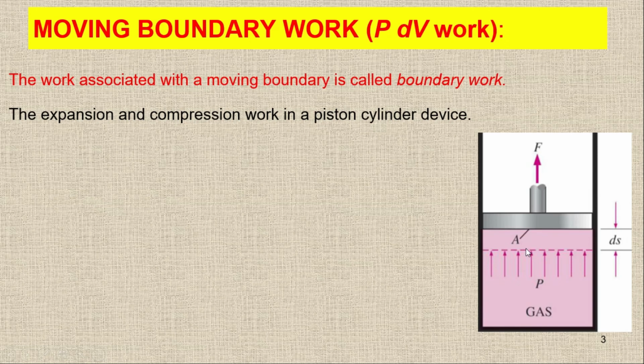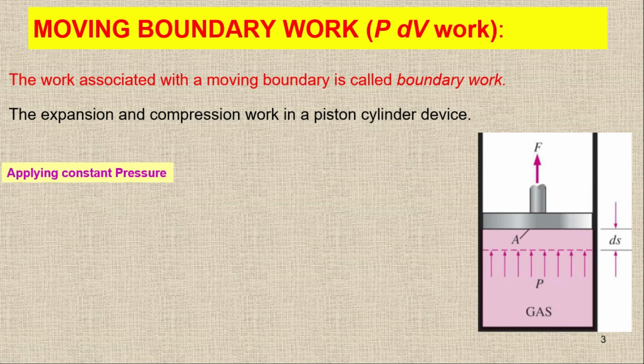Let's suppose it is moving from this line to this line. So it is covering a distance of ds, while the area of the piston is A. So there is a change in the volume from here to here.